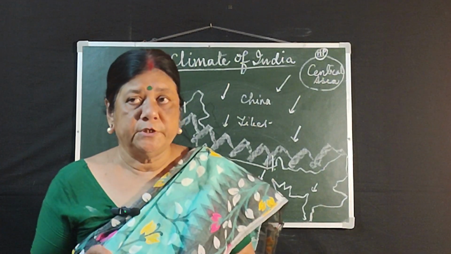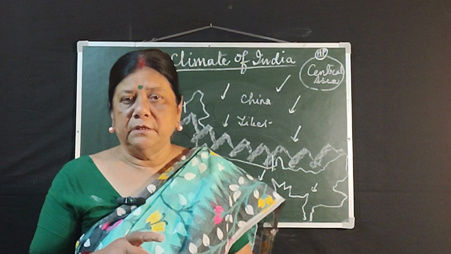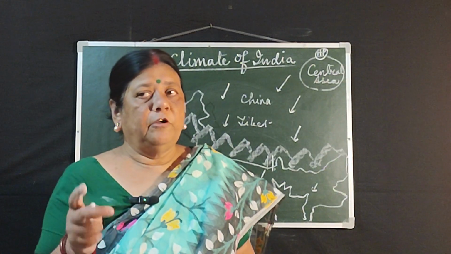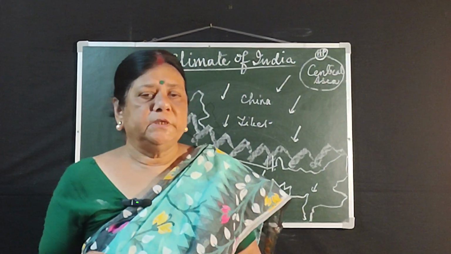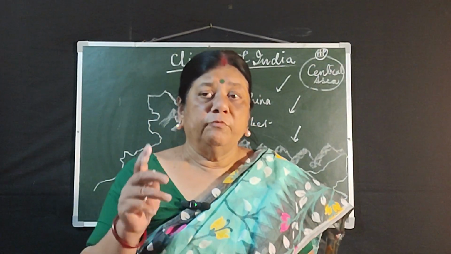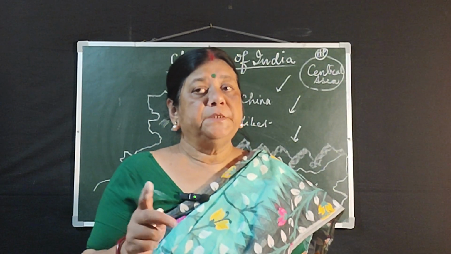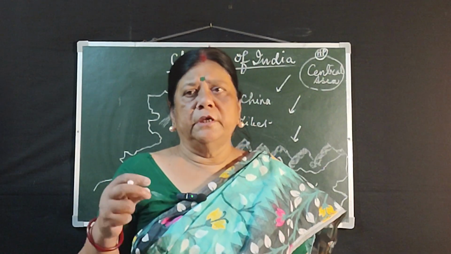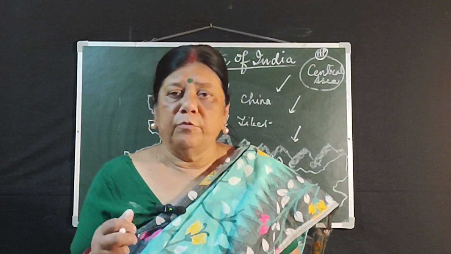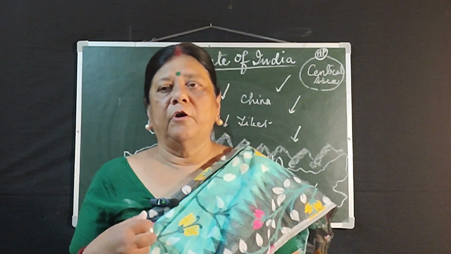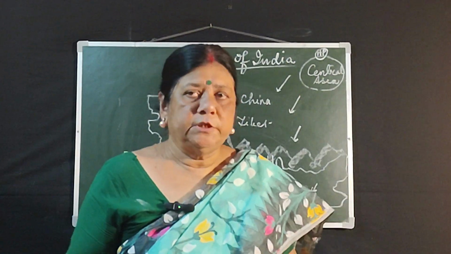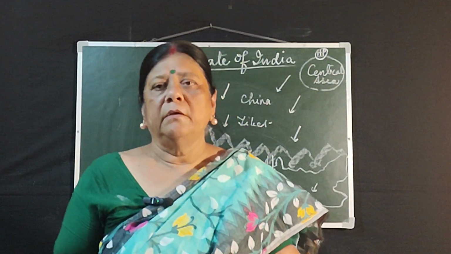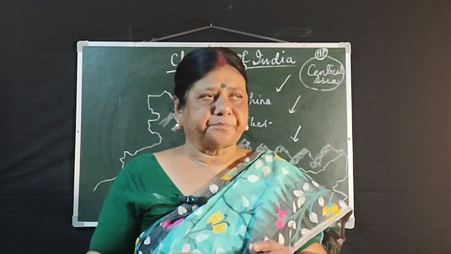They are not carrying any moisture, but when they enter the sea, they will pick up moisture from there and they will bring rainfall on the east coastal plain, because the east coastal plain lies on the windward side of the Eastern Ghats. So coastal Andhra Pradesh, then some Odisha, then Coromandel coast, they will get rainfall by these northeast monsoons. Otherwise, other parts of India remain dry.